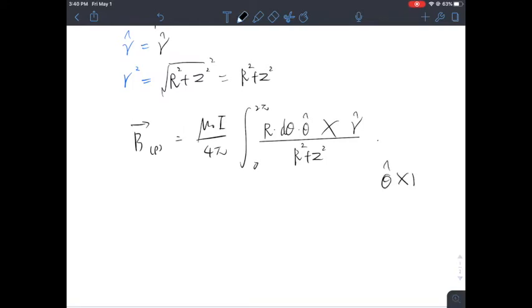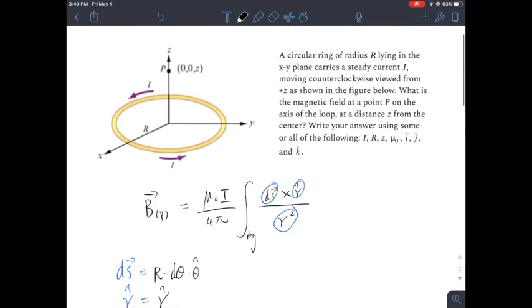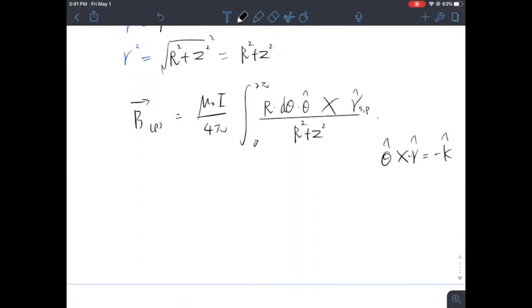What is theta hat times r hat? It is equal to negative k hat by the right hand rule. But we need to notice that the r hat is from the source to the position, and so it's actually negative r hat in our coordinate system.